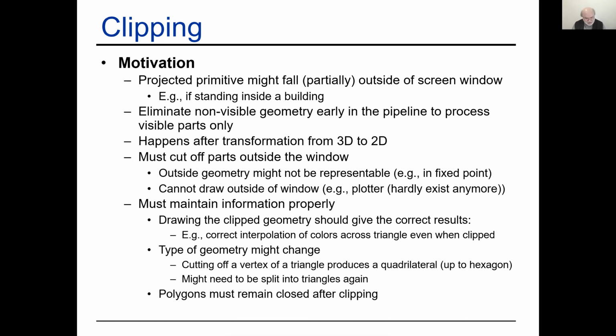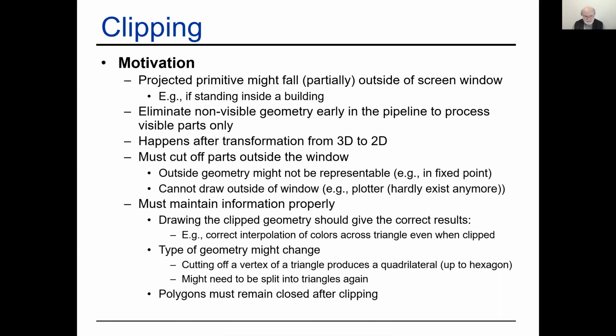There are two reasons why we need to do the clipping operations. The one is that certain devices can simply not draw outside of the window. If you think about a mechanical plotter, if you still know these kind of devices that are not as common anymore, they can't move their pen outside of the machine, and so they simply cannot deal with geometry that's outside.